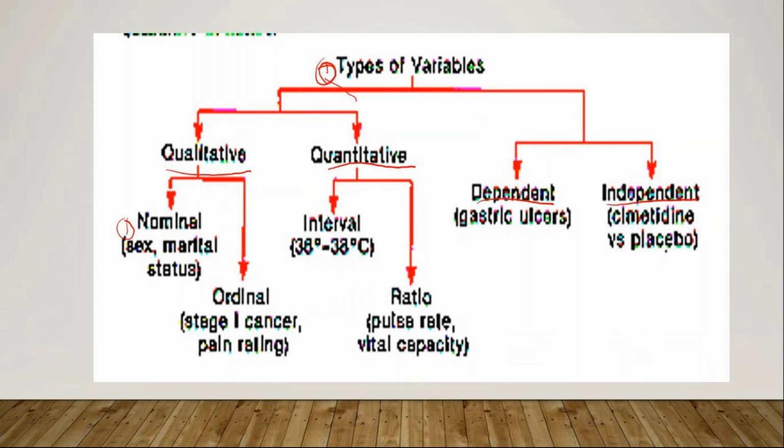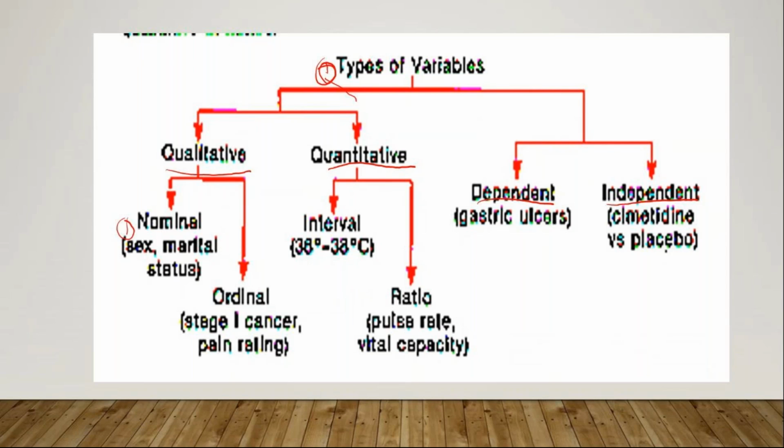In nominal variable, for example, sex like male, female, marital status. In ordinal variable, there will be comparison, like which stage of cancer the person is in, or if the person is hypertensive, in which category the person falls, then that comes in ordinal variable. In quantitative, that is the interval. Suppose the fever is of how many degrees, that comes in interval variable.